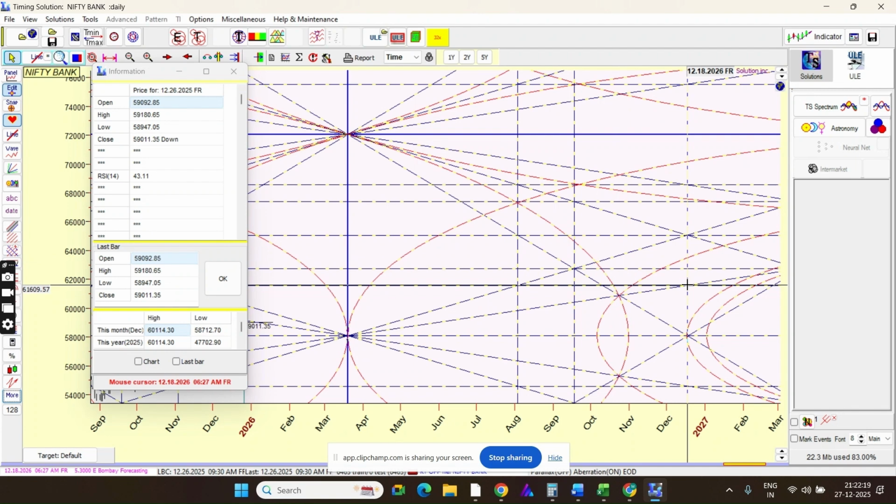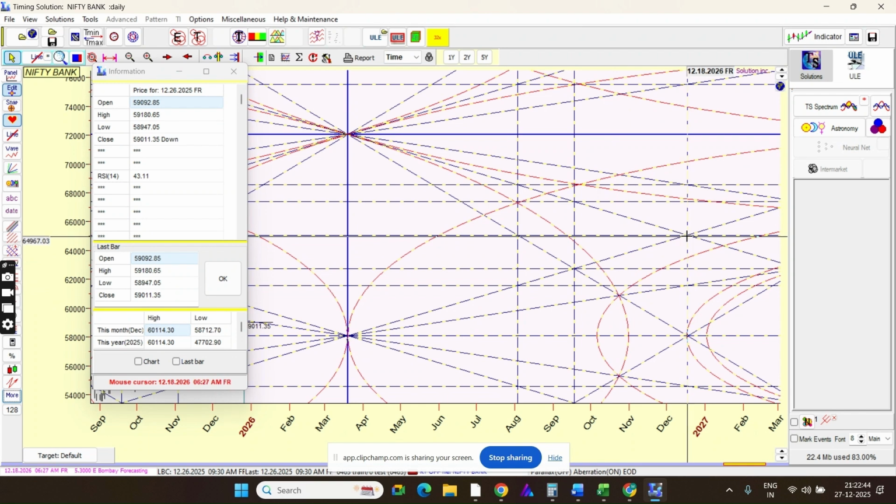If we move along this 1 by 2 angle, then the target is 61,600, and if we move along the 1 by 1 angle, we are getting a target of 65,000 odd levels. So these could be the levels to watch for the year 2026.